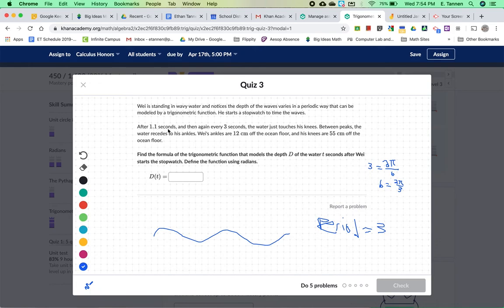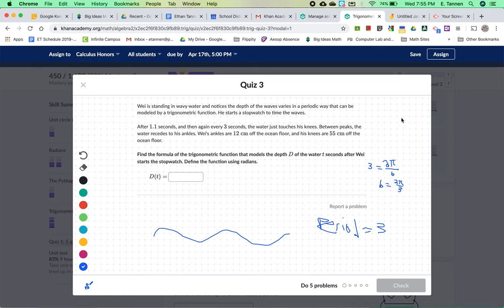But also after 1.1 seconds, the water also just touches his knees. But between peaks, it recedes to his ankles. So it sounds like the knees is the maximum and the ankles is the minimum. Wei's ankles are 12 centimeters off the ocean floor and his knees are 55.